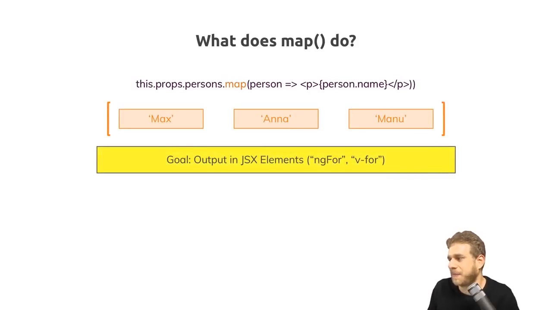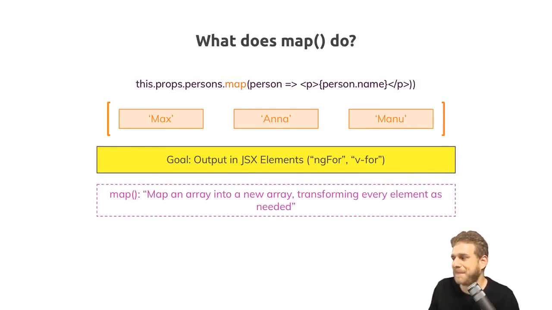So the goal is to output this data as JSX elements, I should say, and map that into a new array. React is capable of outputting an array into the DOM, but that array needs to consist of JSX elements. So this is what we do with this map syntax. We just return a new array where every element of the array is based on elements in the old array, but transformed elements.